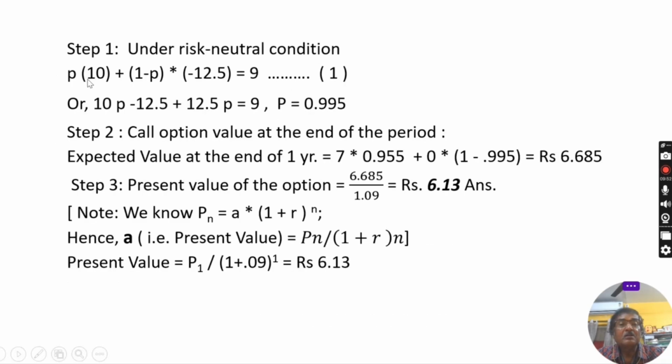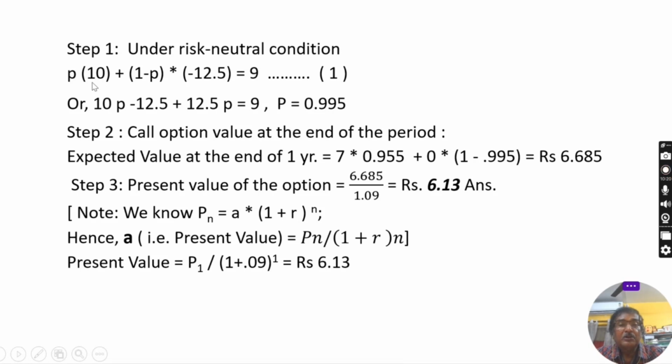This is the solution part. Suppose P is the probability for increase in share price. I have not written it, but it is assumed. P into 10%, that's why P into expected value means probability into return. Percentage increase in share means you will get that benefit, that's the return, 10% increase in share price.